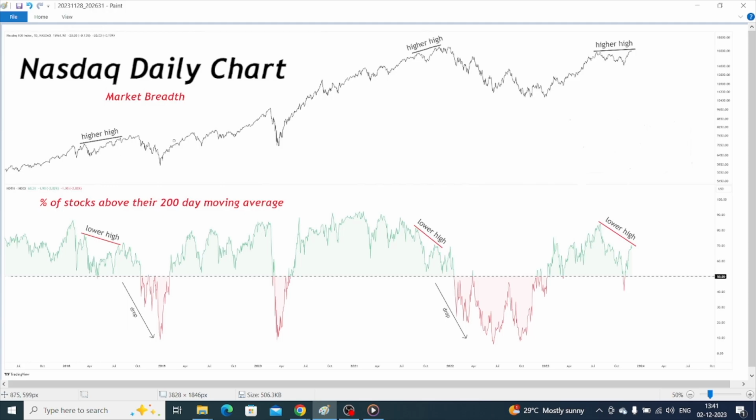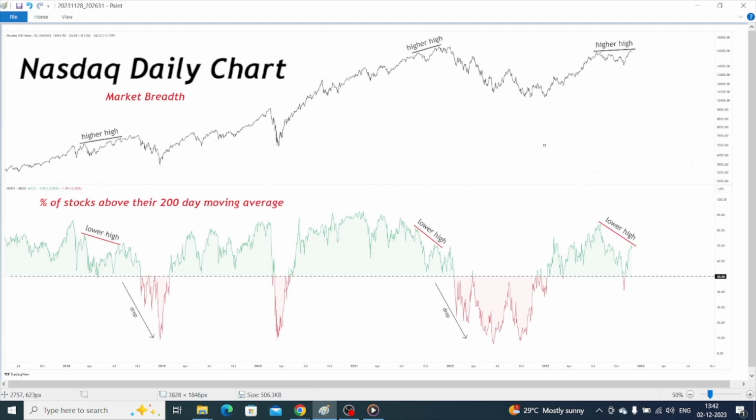But you see in the past instances where NASDAQ made a higher high, the percentage of stocks above their 200-day moving average made a lower high, and you see a significant fall after that. You see here also, around September, October 2022, when NASDAQ was hovering around the all-time high zone, the percentage of stocks above their 200-day moving average made a lower high, and see the fall after that.